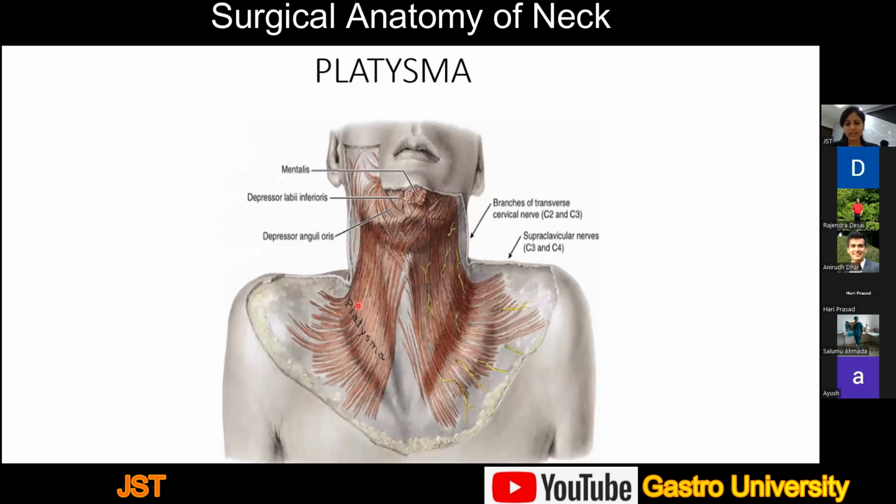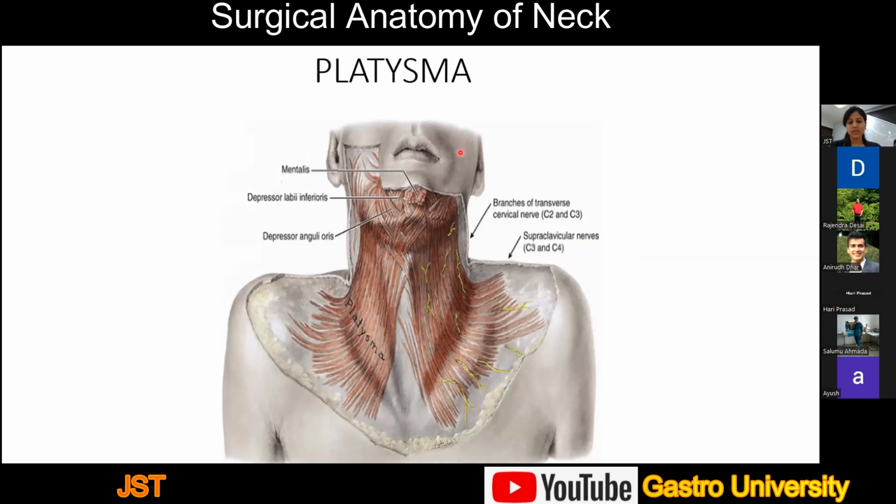It is a very thin, very superficial, fan-shaped muscle. It originates from the fascias of the deltoid and the pectoralis major, and finally inserts at the angle of the mouth and surrounding region. Now, the muscles of facial expression, by the name itself, define that the origin could be anything, but the insertion is always on the skin of the face.